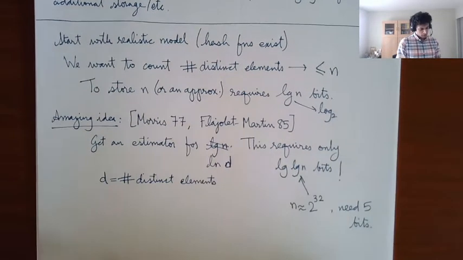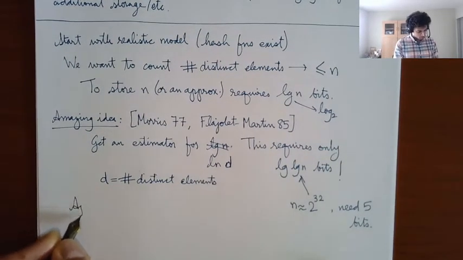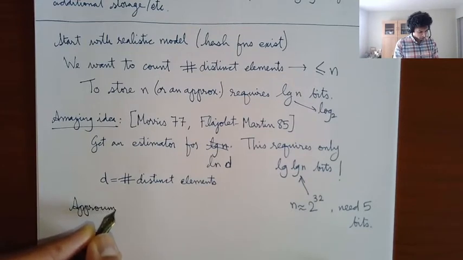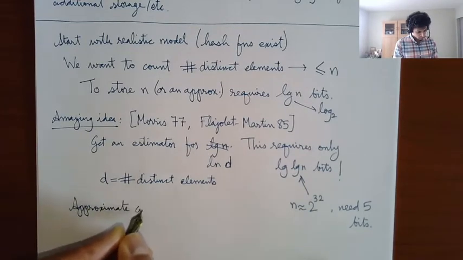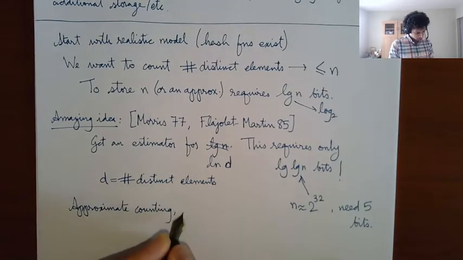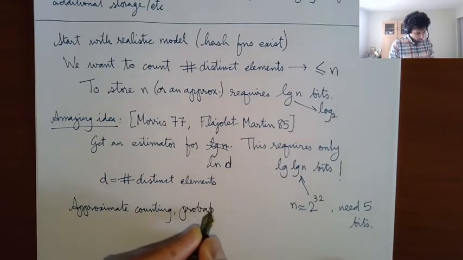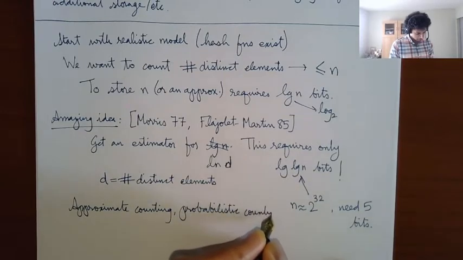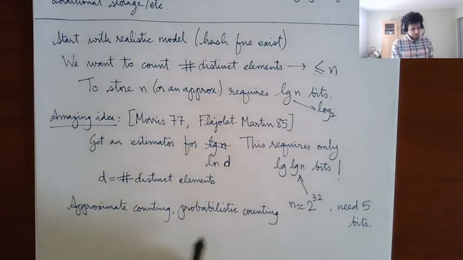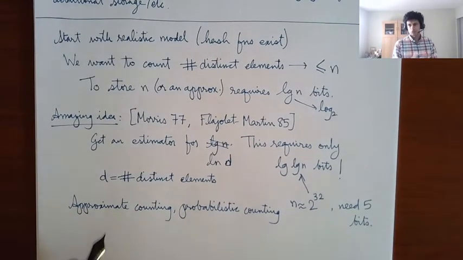Okay, so now this idea is referred to as approximate counting. It has a bunch of names. It's also called probabilistic counting, which I believe is the name given by Flajolet and Martin. And it is the basis of an algorithm that you may have heard of. It's referred to as the LogLog algorithm.